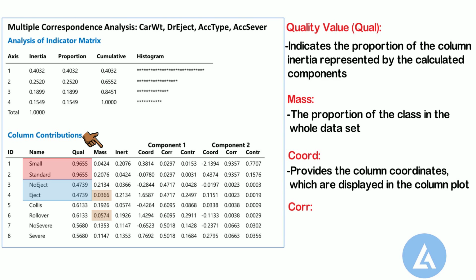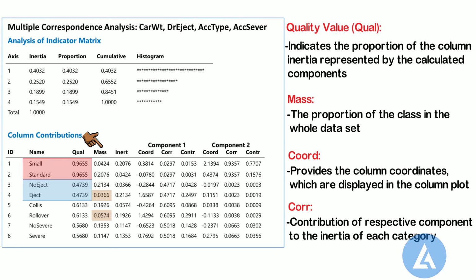Correlation, corr, represents the contribution of the respective component to the inertia of each category. For example, component 1 accounts for 61% of the inertia of the accident type categories, collision and rollover. Component 2 accounts for 93.6% of the inertia of the car size categories, small and standard.